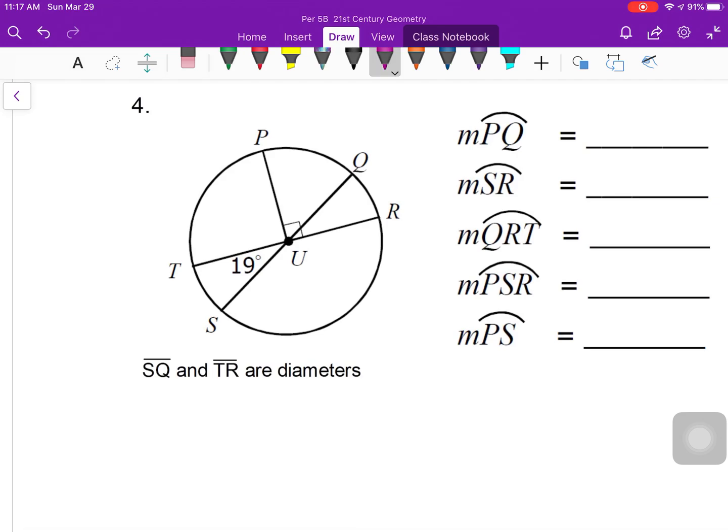Okay, and again, I have several of these examples. If you don't want to watch the whole thing, you certainly don't have to. So let's see what we got here. We know this one over here is 90, so this is 90. Let's see, this one would be 19 because we have vertical angles.